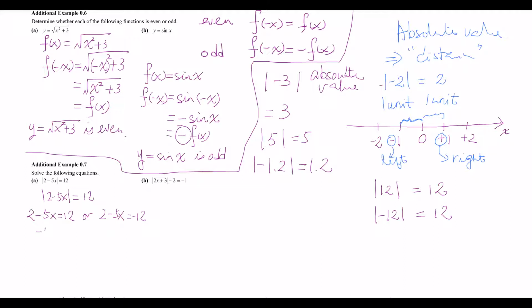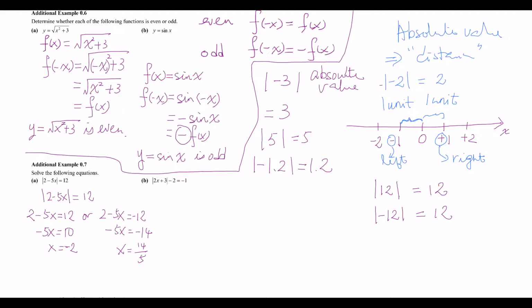In this case, minus 5x is 10, x is minus 2. In this case, minus 5x is minus 14, and then x is 14 over 5. The equation has two possible answers.